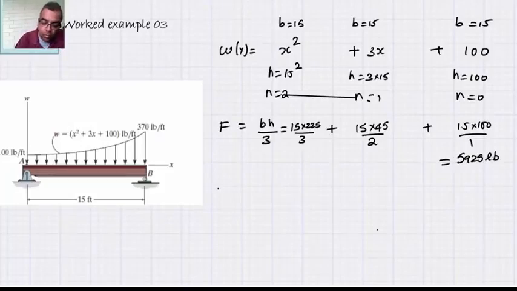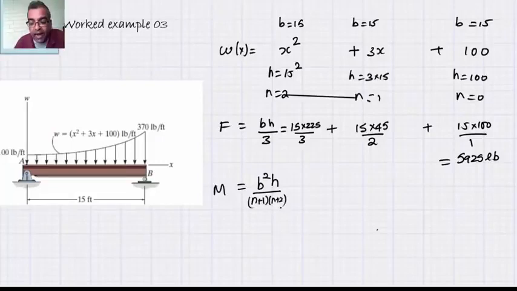So moment I'm going to calculate directly, which is b squared h over n plus 1 times n plus 2, because moments are the things that I can add for all of them.